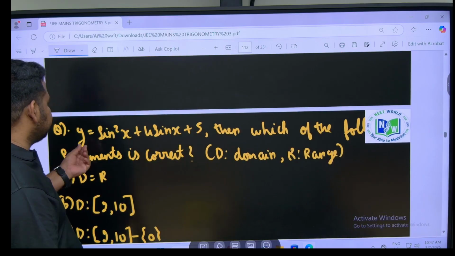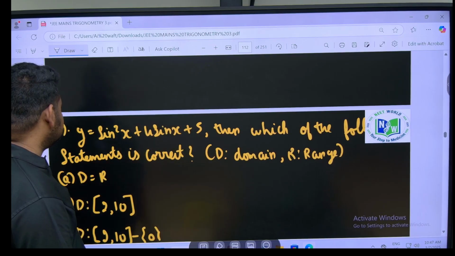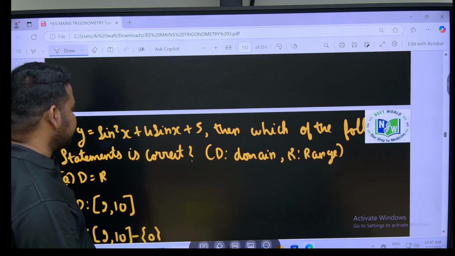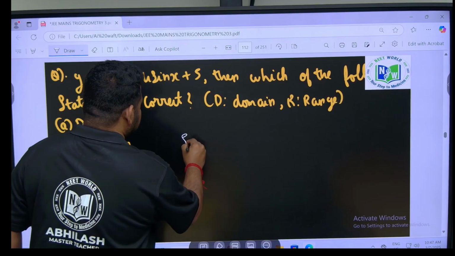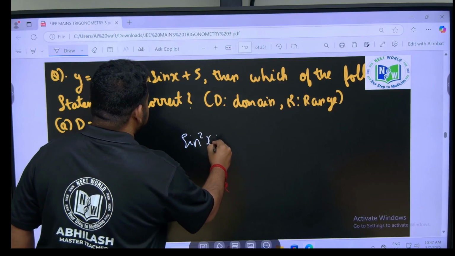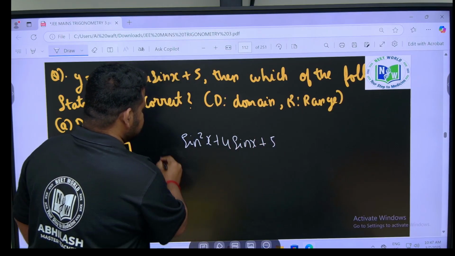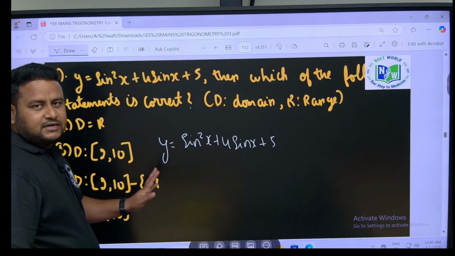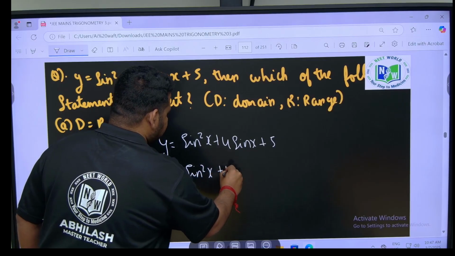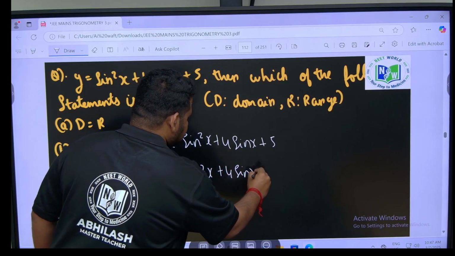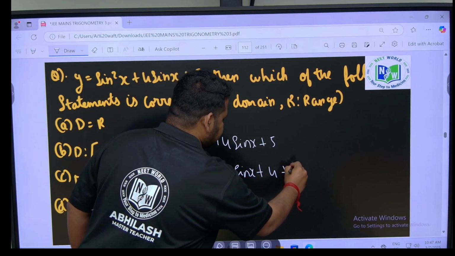Look at this. They have given y is equal to sin square x plus 4 sin x plus 5. Which of the following statements is correct with respect to domain and range? So let me take it in this form: sin square x plus 4 sin x, and instead of 5, let me write 4 plus 1.